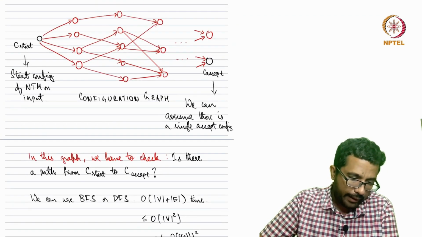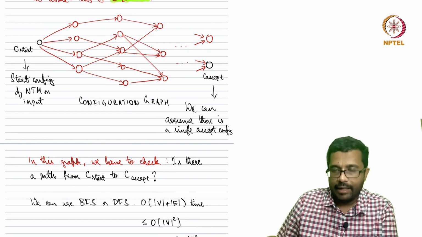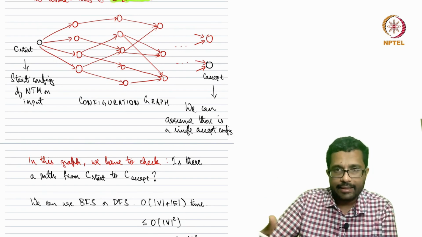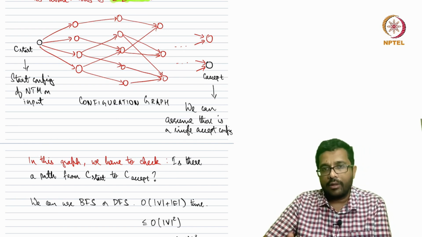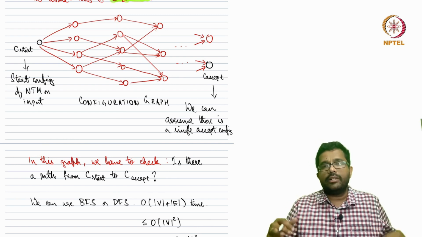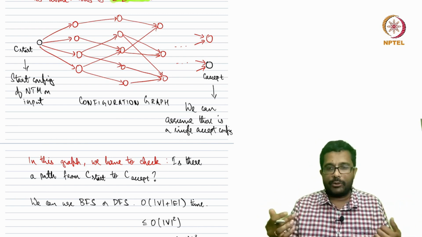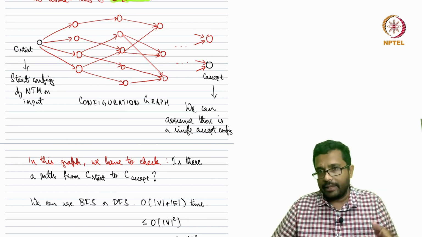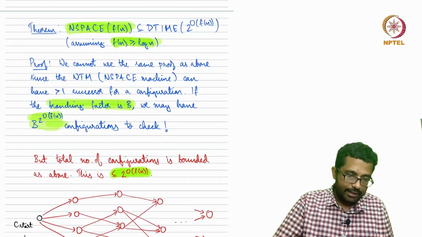Another point is that we don't need to explicitly build it. We can keep this idea in mind and build it as we go along, guessing the next step, checking on the fly whether the edge is there or not. All we need is access to the information whether there is an edge from i to j, and this can be done on the fly. We don't need to set up an adjacency matrix, because that's again going to be too much space and too much time.